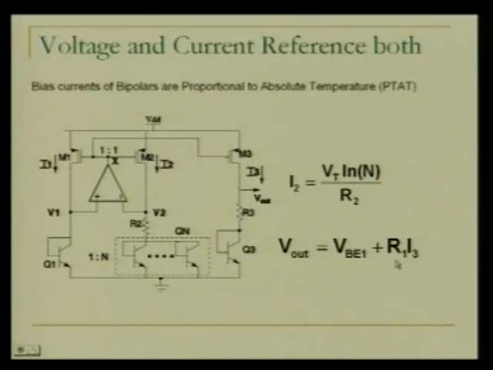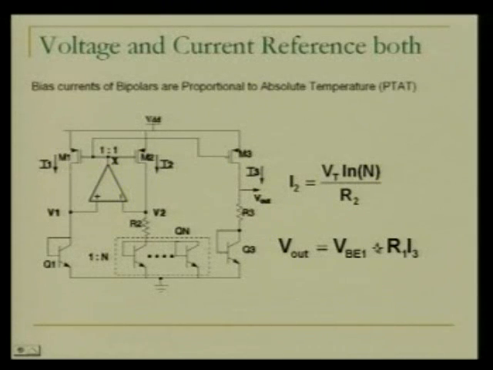For room temperature at 300 Kelvin, if you change this 300 Kelvin to, suppose, 320 Kelvin or 280 Kelvin, there is variation, but the variation is not too much. If you just take VBE1 or R3I3 itself, the variation with temperature is very large, but here the variation is not too much.